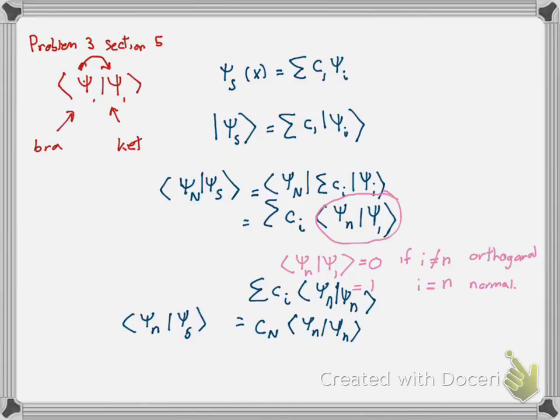And we've gotten rid of all the orthogonal states from this term, but we can simplify it even further. Psi sub n is just going to be 1.